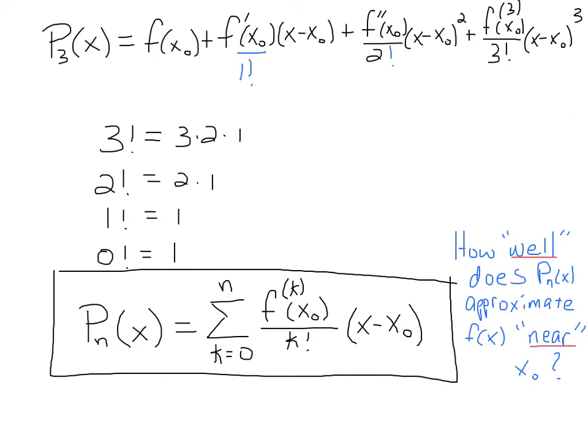If k is 1, we're taking the first derivative, divided by 1 factorial, times x minus x naught to the k. If k is 2, we have a second derivative, divided by 2 factorial, and that's squared. If k is 3, we'll have a third derivative, divided by 3 factorial, and that'll be a third power, and so on and so forth.